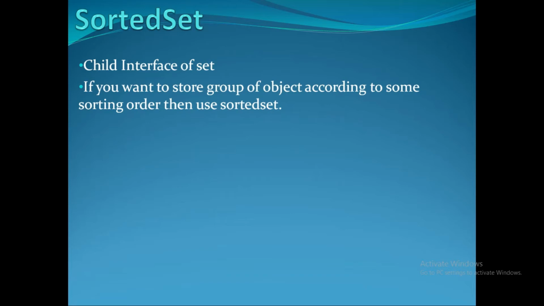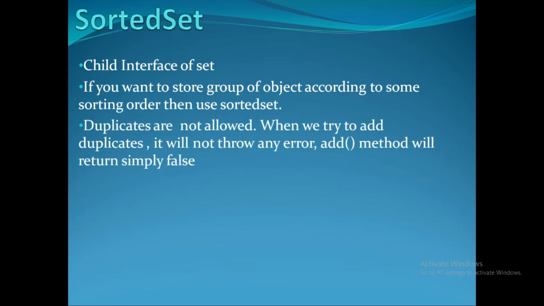In a sorted set, the elements are stored according to some sorting order. The next point is that duplicates are not allowed, because it's a child interface of the set.